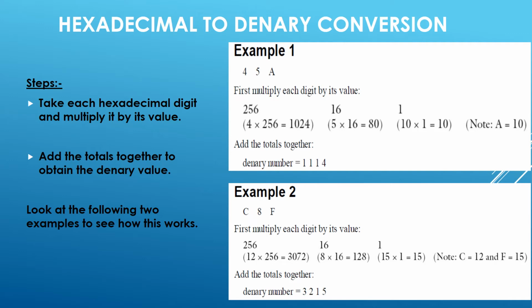And then the last number F is multiplied with 1, which is the hexadecimal notation. Add the totals together, and this is how we get the equivalent denary number.